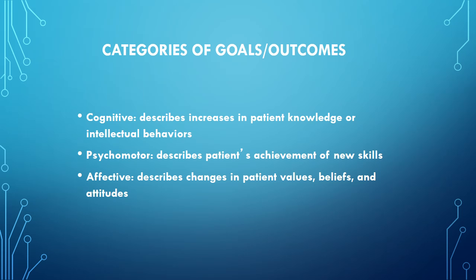And affective goals are goals that describe changes in the patient's values, beliefs, and attitudes. Maybe a goal stated, patient will employ effective coping skills. That might be an affective goal that you might identify.